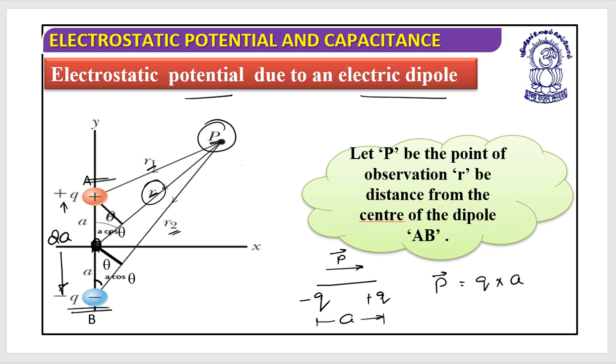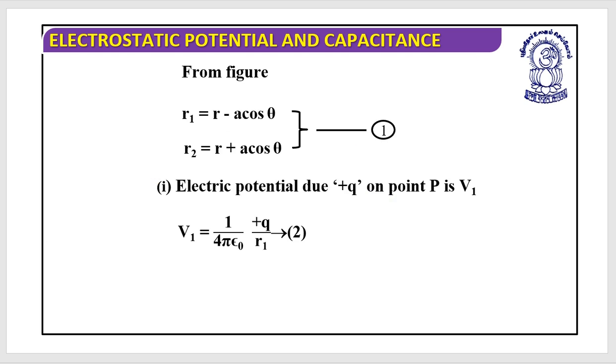If this angle is theta and this distance is a, then the distance from this to this would be a cos theta. So distance r1 equals r minus a cos theta, and distance r2 equals r plus a cos theta.